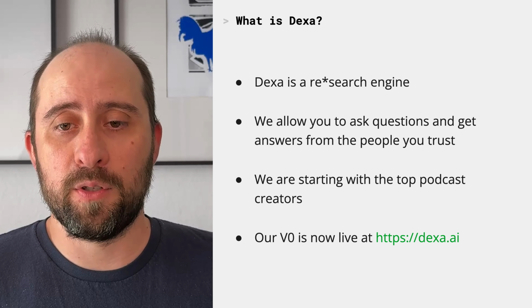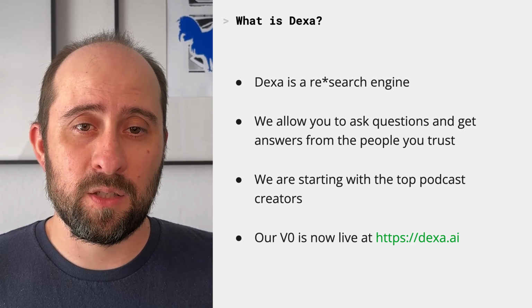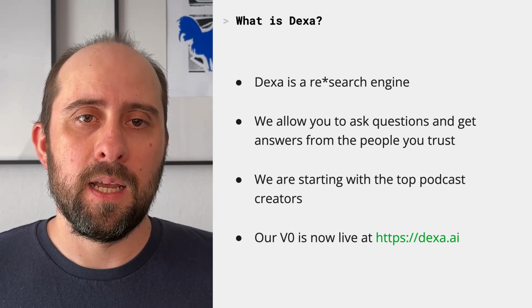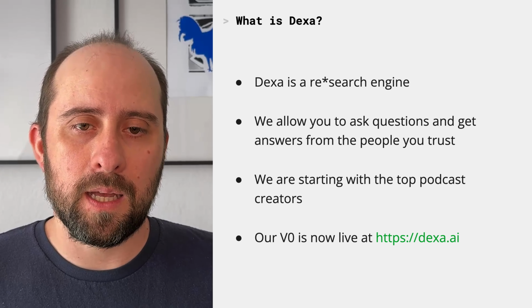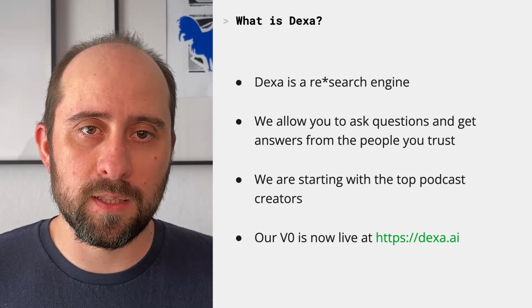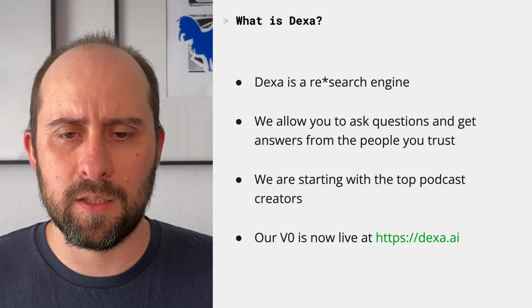Dexa allows you to ask questions and get answers from that source with citations and tracking back to where that was said. So we have that provenance associated with the content. Our V0 is now live at Dexa.ai, and you can use it to get answers from questions that you might have.